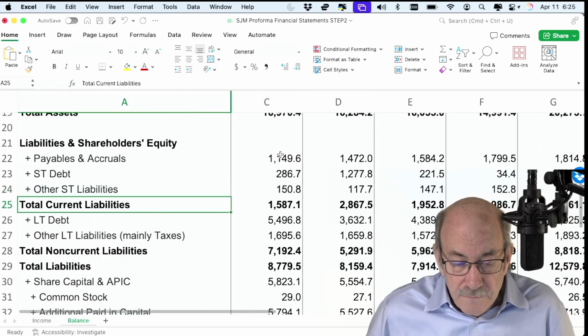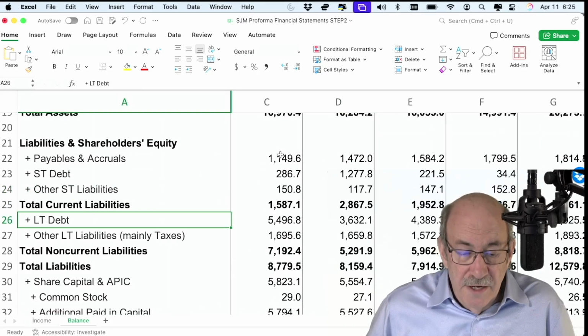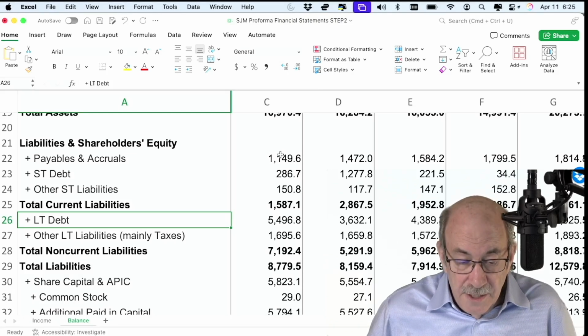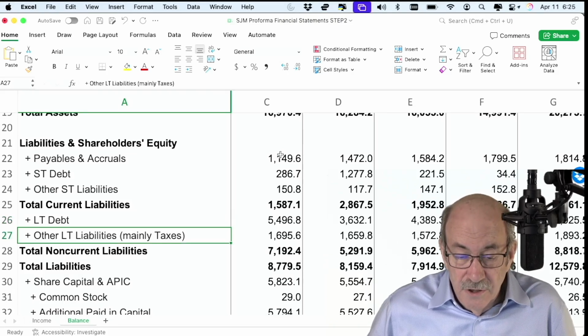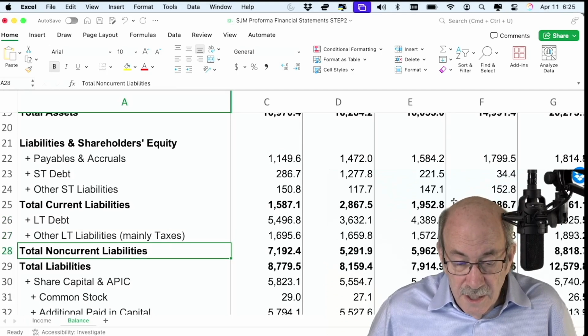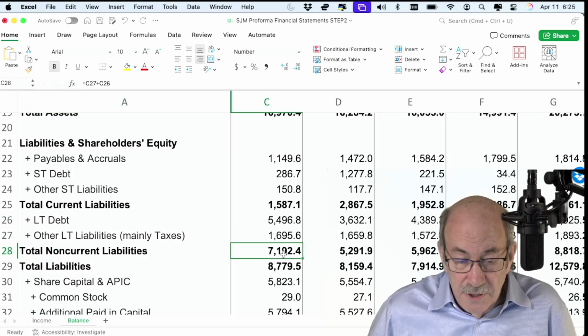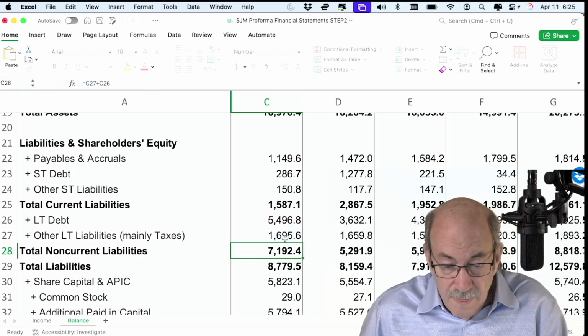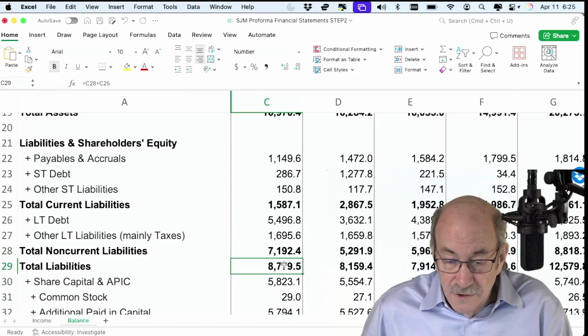And then under long-term debt, I've got the regular bonds, LT debt, and then I've got other long-term liabilities, mainly taxes in this case. And then total non-current liabilities. And let's see. So again, that's also a subtotal. And then I've got total liabilities.